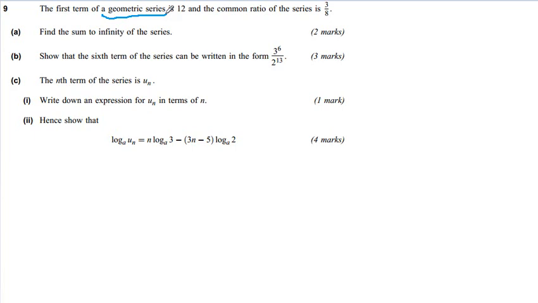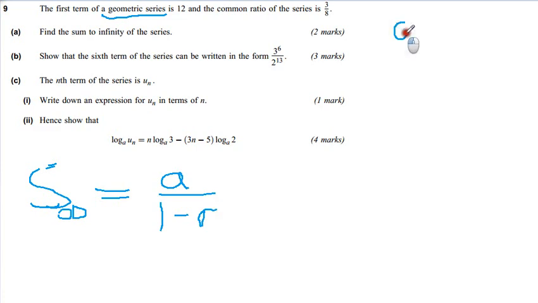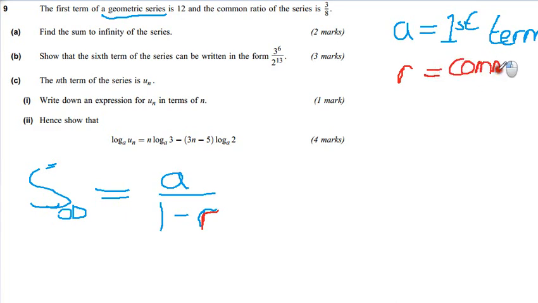First, the sum to infinity is equal to a over 1 minus r, where a is the first term, and r is what's known as the common ratio, which, well, you'll see what it is in a minute.